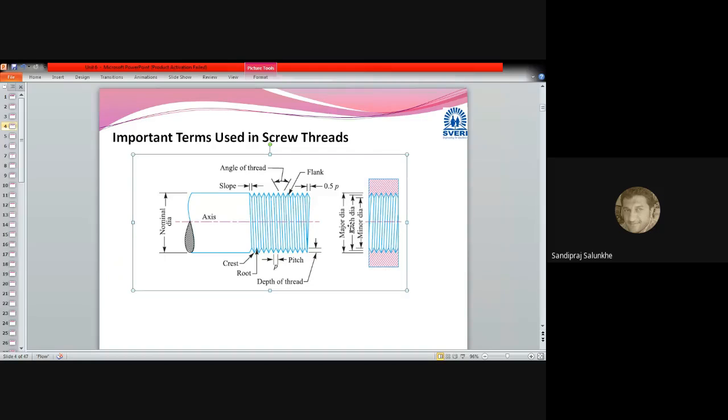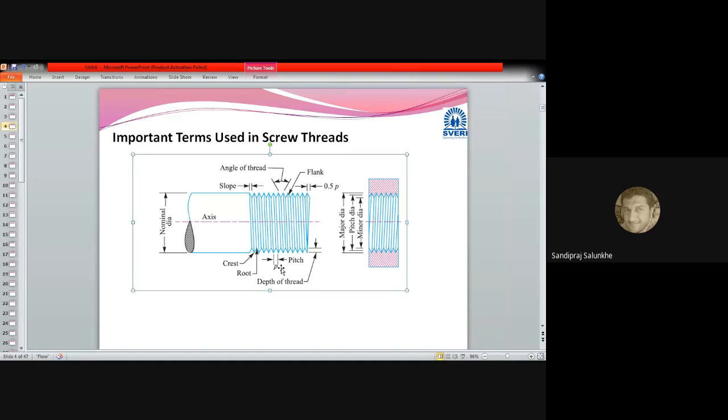Now this pitch word is coming into the picture. It means that for two threads which are successive, near to each other, if you measure the same point on the successive thread and the distance between them, that is called the pitch. As we have already seen the definition, pitch is the distance between two successive threads measured at the same, or similar, location.